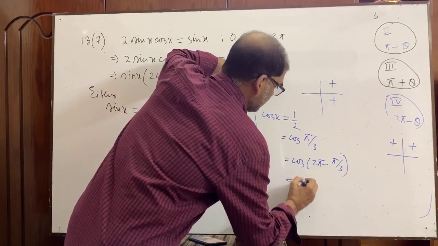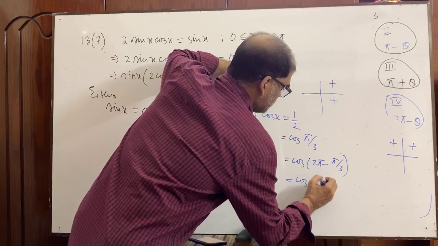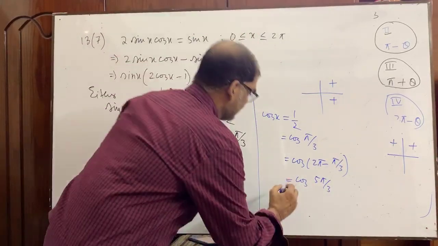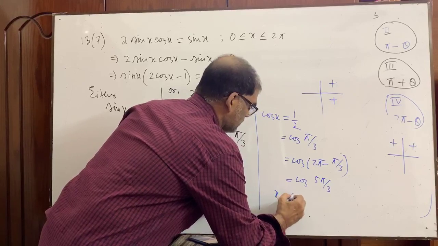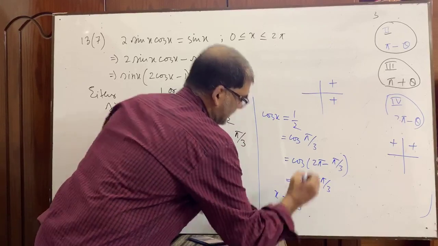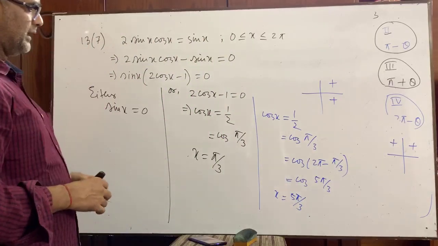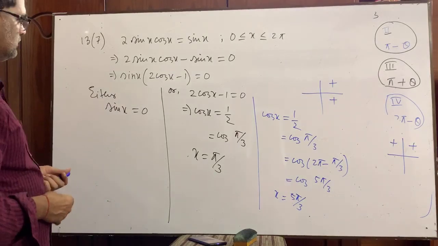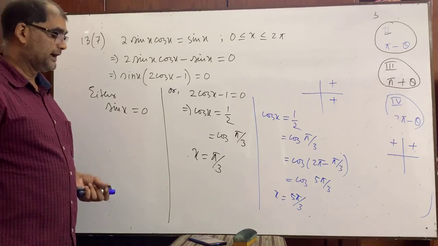That means cosine 5 pi by 3. So we get x equals 5 pi by 3. Okay. But one thing is still left, that is sin x equals 0.